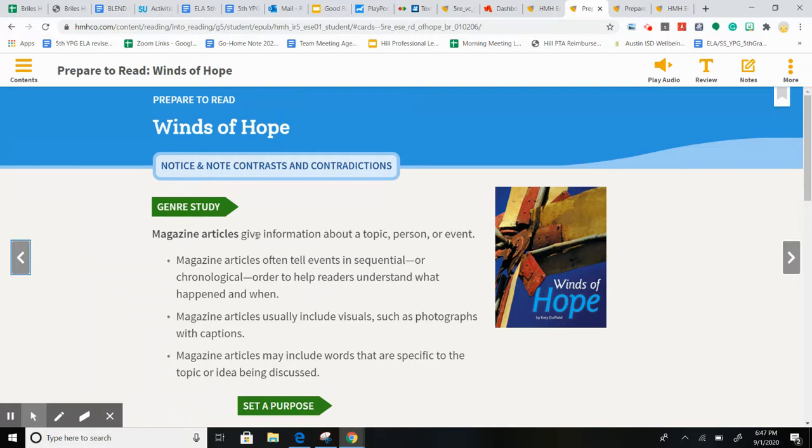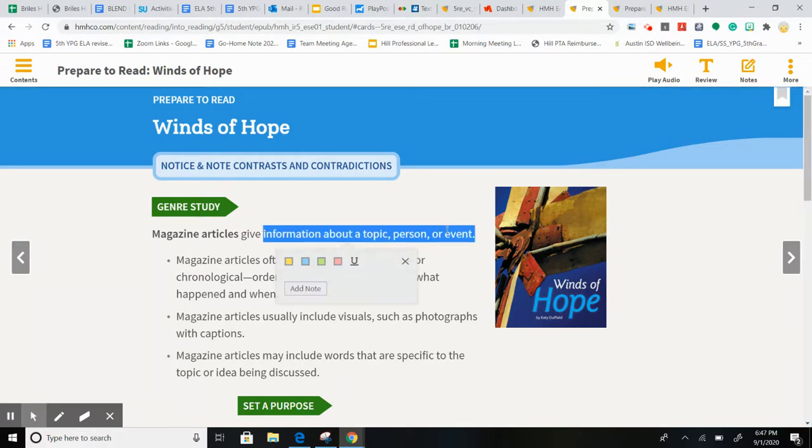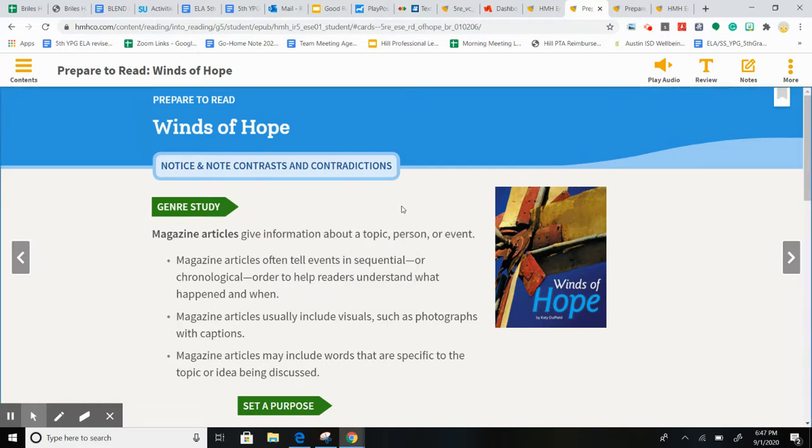And they say that magazine articles give information about a topic, person, or event, but that makes it sound like all magazine articles are nonfiction, whereas I know Highlights magazines are definitely full of creative writing. There are lots of creative writing magazines out there. So no, magazines are not always informational.